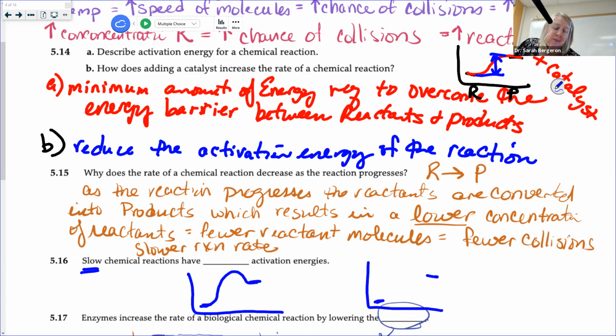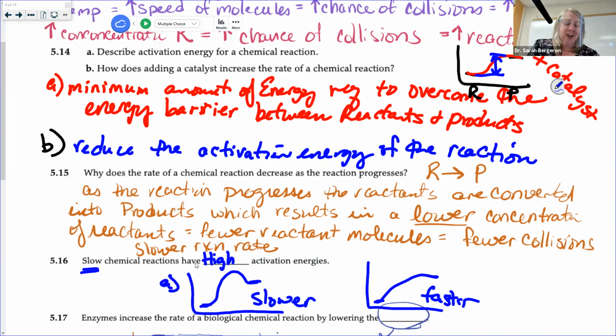Picture the same things, but I've made the hill smaller. So we're going to have a very high activation energy because this is a slow reaction. This is slower. This is faster.